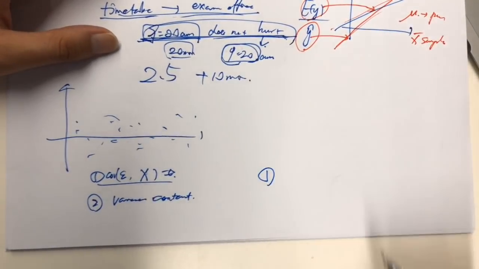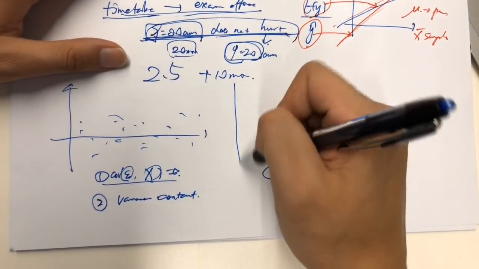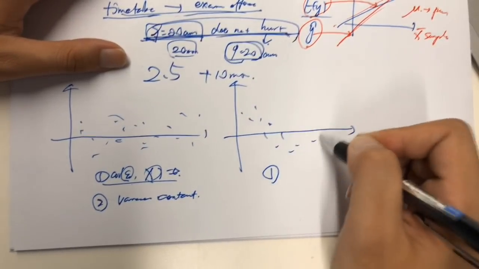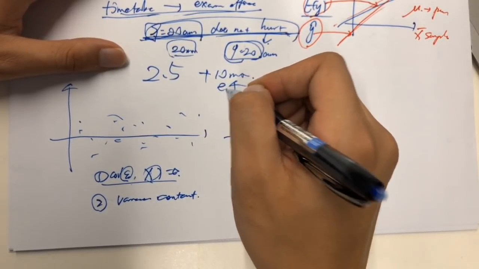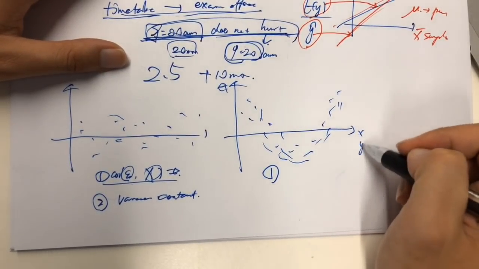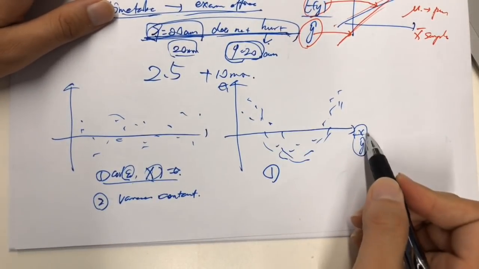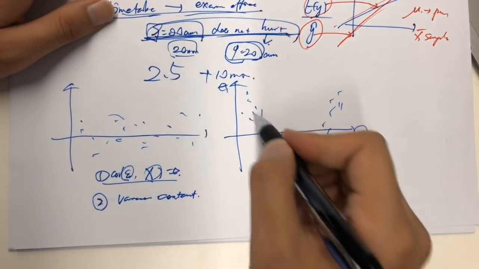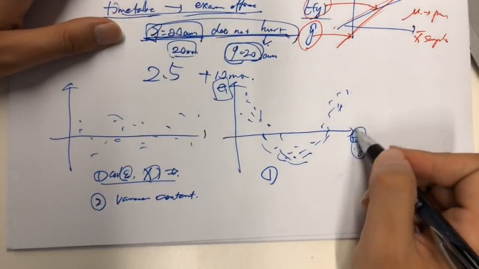So let's look at the first one. If the error term and the independent variable are not independent, we usually observe some patterns between the residuals and the x or y hats. So you can plot residuals against every single x and y hat, and if you observe something like this, it means this e_i has some relationship with x.